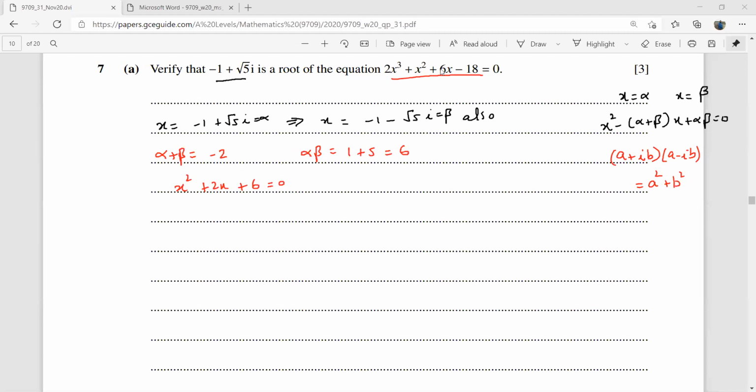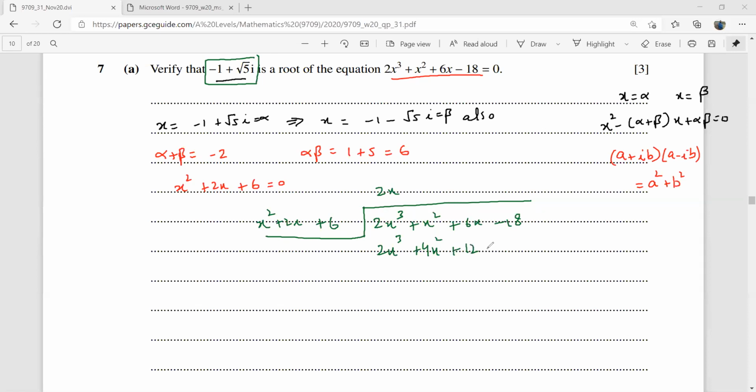So if I divide this given cubic equation by this, and if it divides completely, that would verify that this is really a root of the given equation. So let's do that. This is 2x cubed plus x squared plus 6x minus 18, and this one is x squared plus 2x plus 6. So this is 2x over here, 2x cube plus 4x square plus 12x.